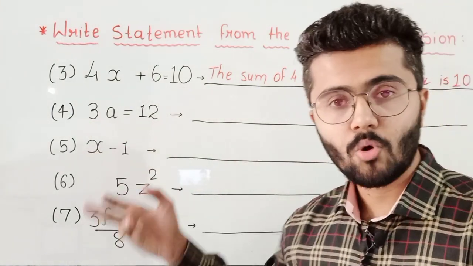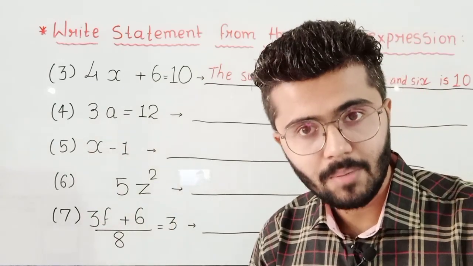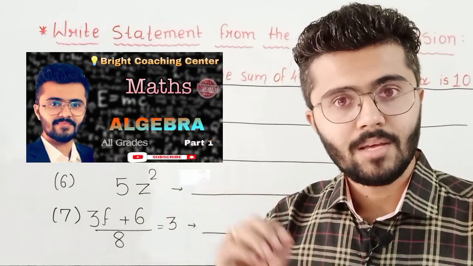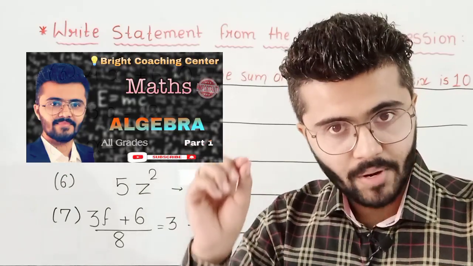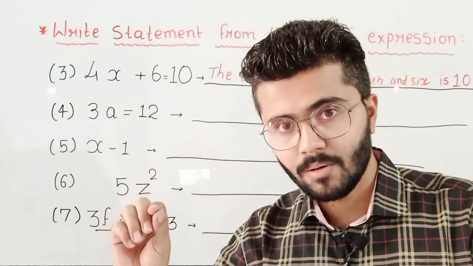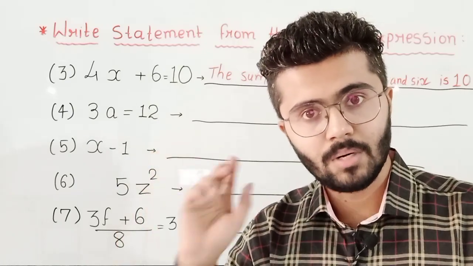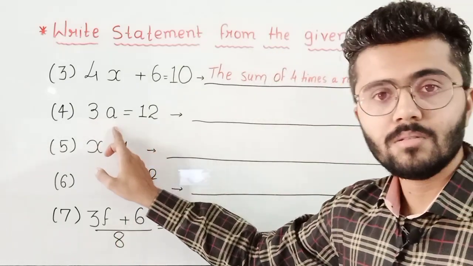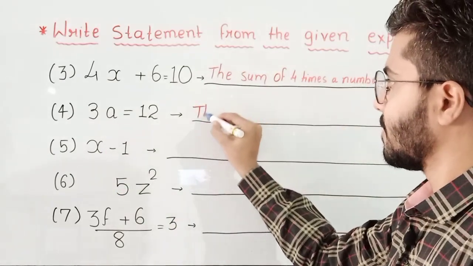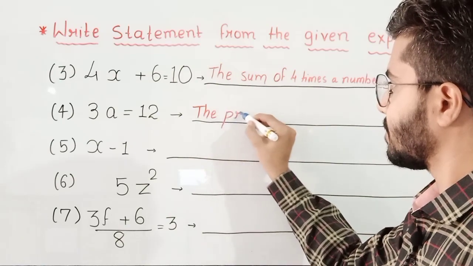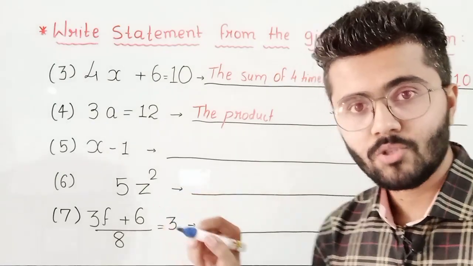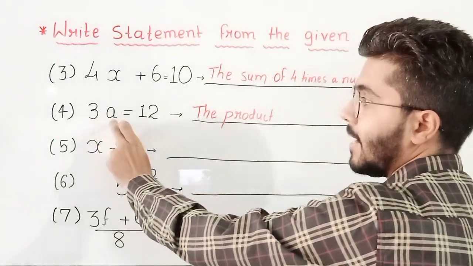Next one, 3a equals to 12. So 3a, which operation is done here? It's a multiplication. 3a means multiplication. In the previous video I taught you, if no sign is given between a variable and a number, or between a variable and a variable, then the relation is of multiplication. So 3a means product. Yes. So can we say that the product of which two numbers? 3 and a.